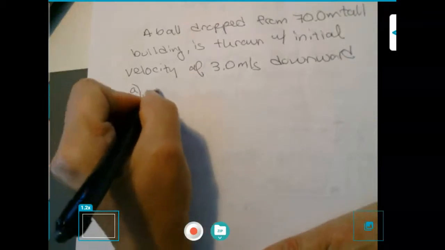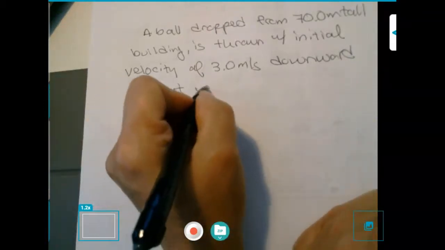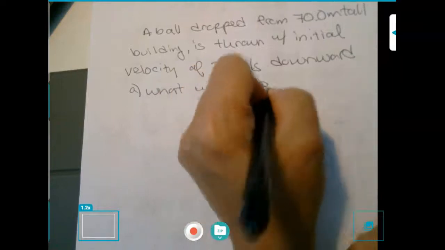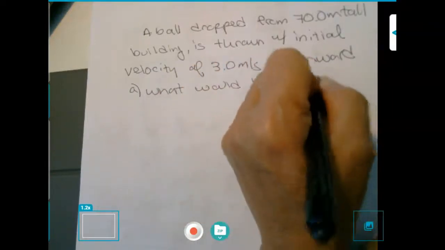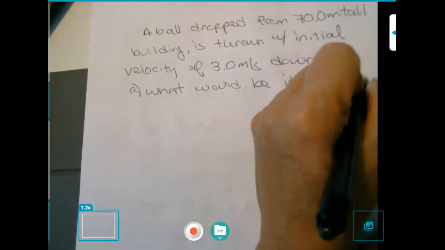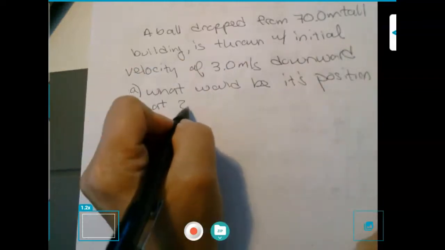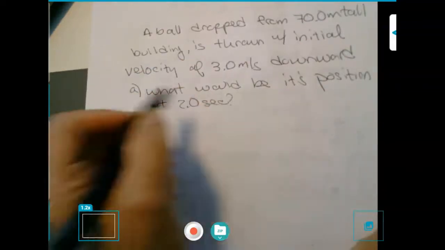Part A is, what would be its position, let's say at 2 seconds, similar to the previous problem.